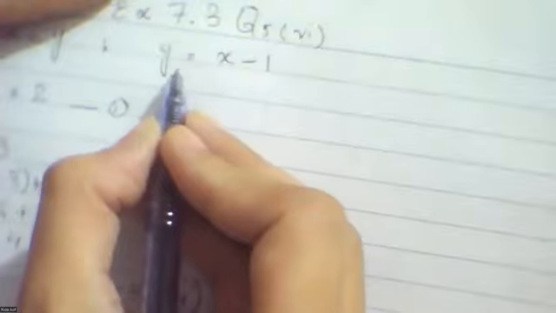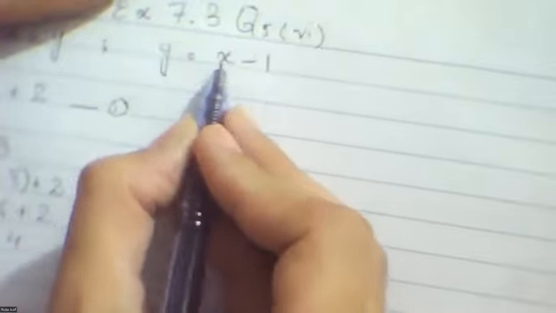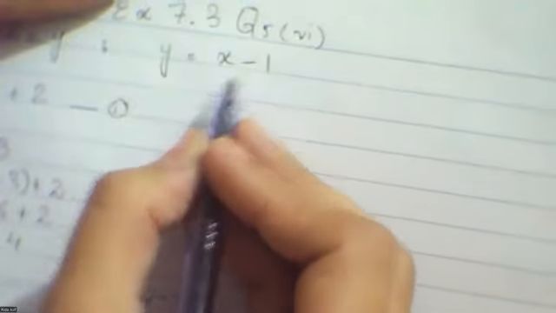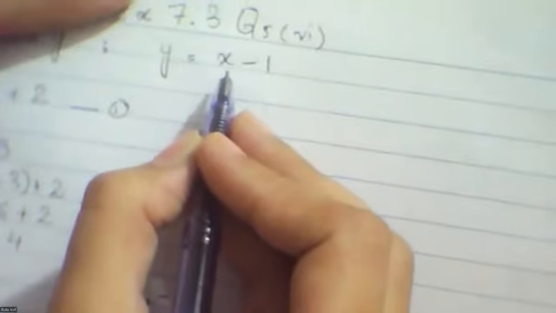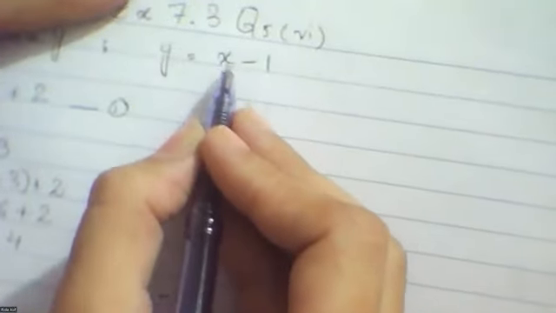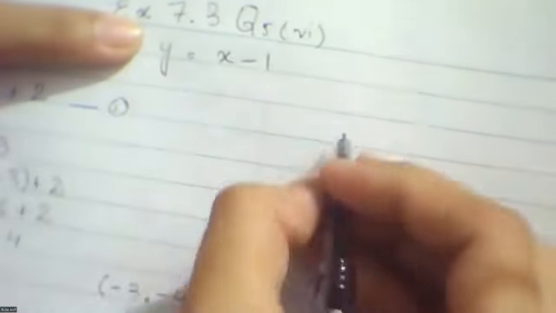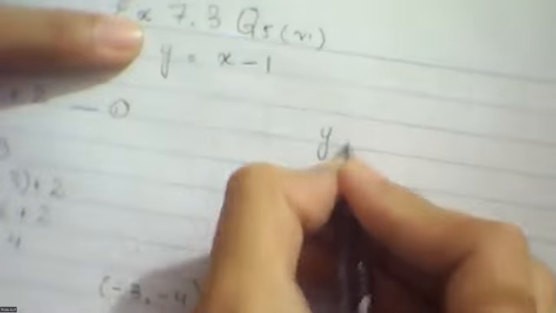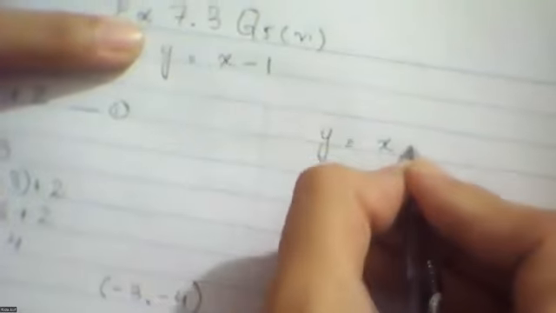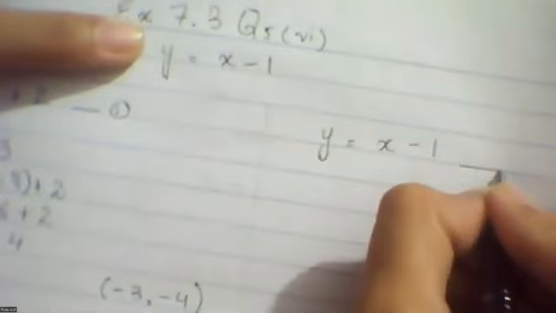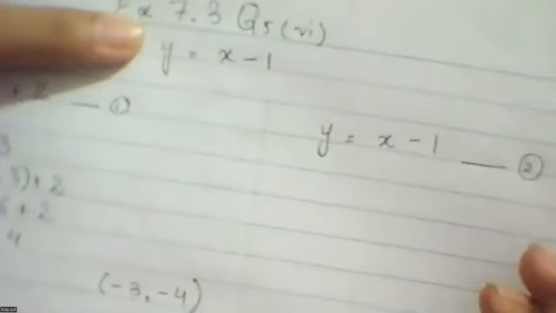Now, student, here the second equation is y is equals to x minus 1. Again, this equation is very simple. This y is again written separately, so we don't have to do anything. We have to write like this. And this is our equation number 2.